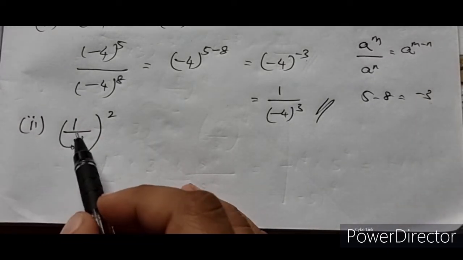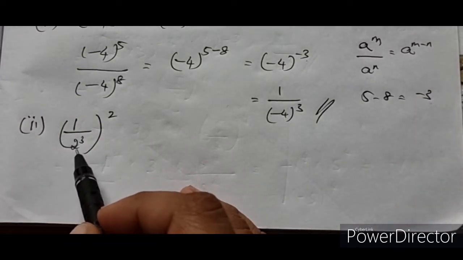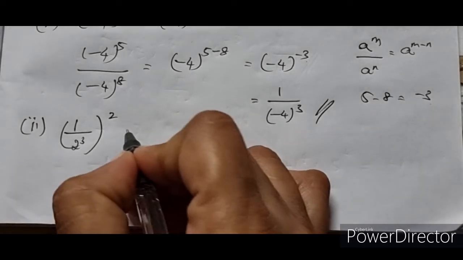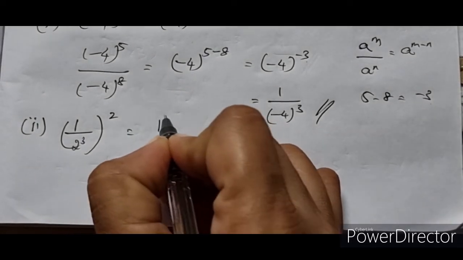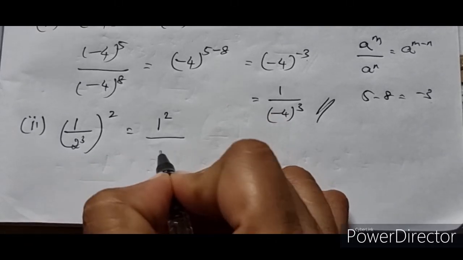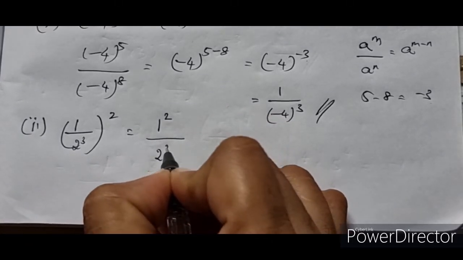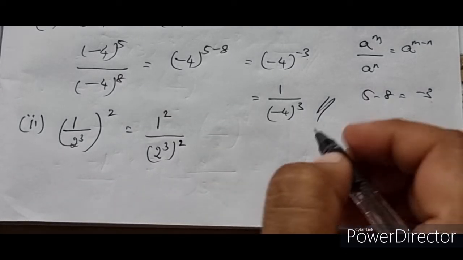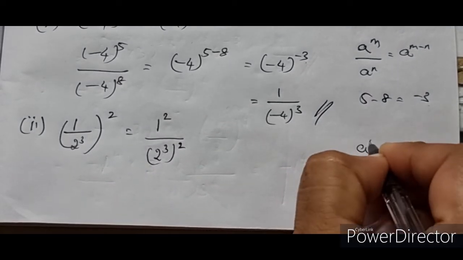The next subdivision is 1 divided by 2 to the power of 3, to the whole power 2. This can be written as 1 to the power of 2 divided by 2 to the power of 3 to the power 2. So a to the power of m, into whole power n, can be written as a to the power of m into n.